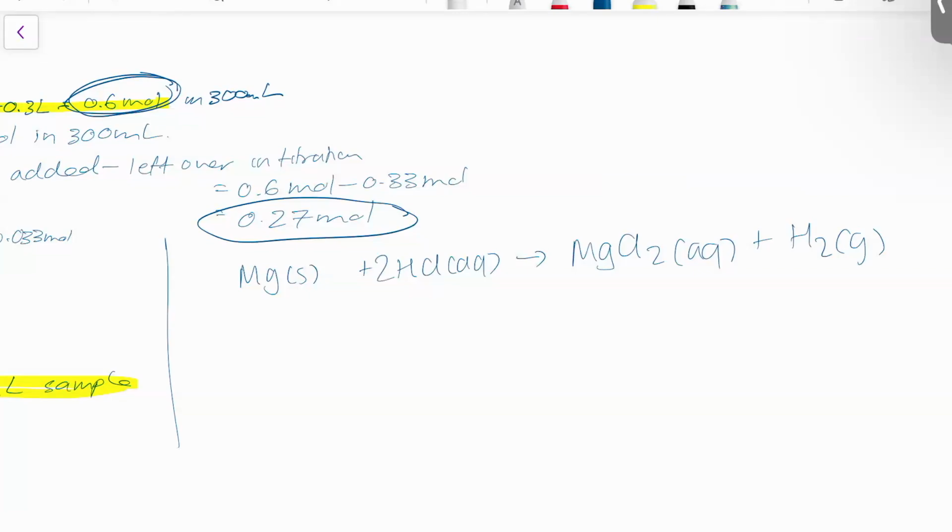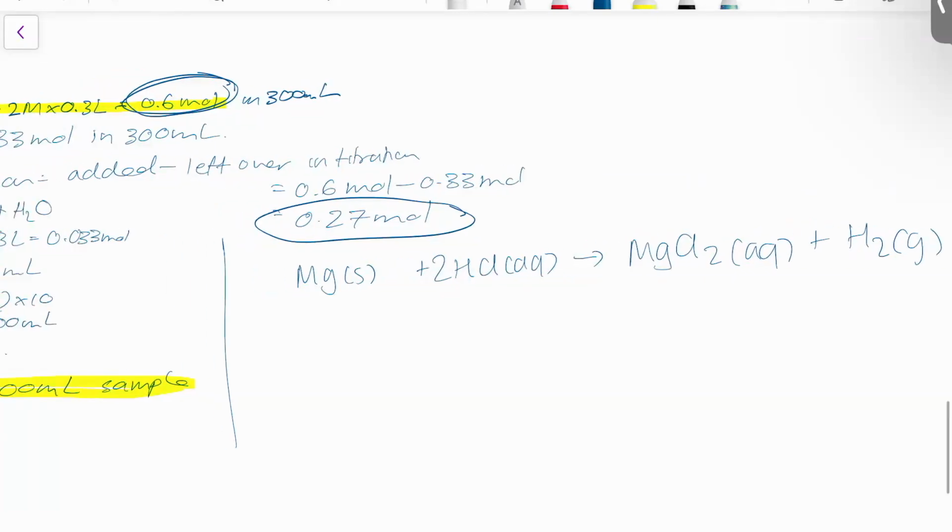2 on the HCl. So I've got my moles of HCl, 0.27. I can go to my magnesium now. How am I going to get my magnesium from my HCl based on our balancing? Times a half, good.